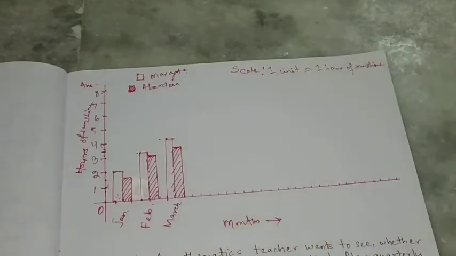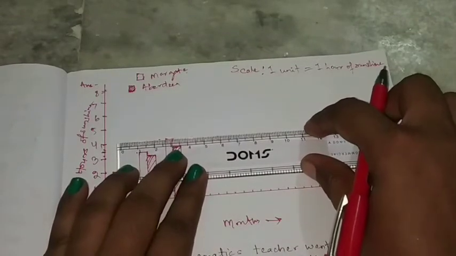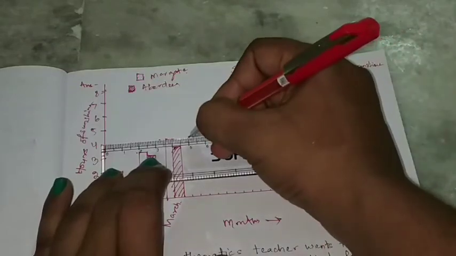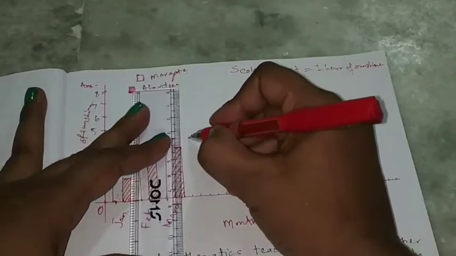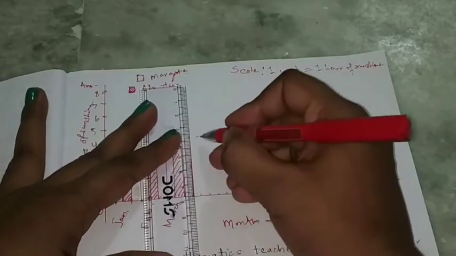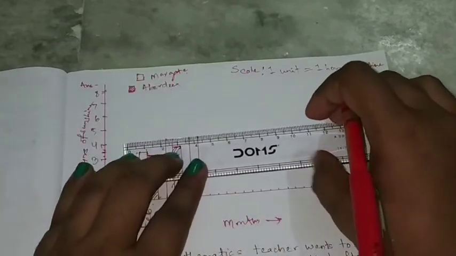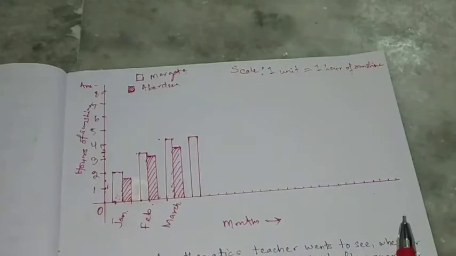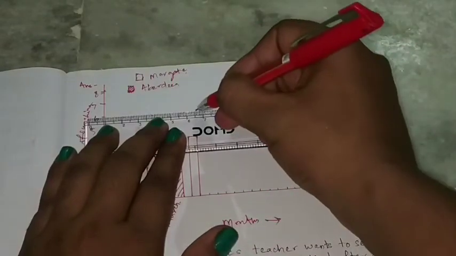Then April, it is also 4. And in Aberdeen it is 6 hours. So look at here where it is 6. Here 6 is there.